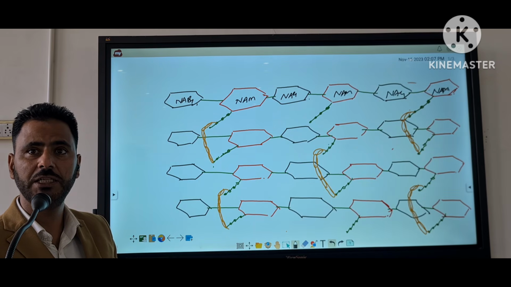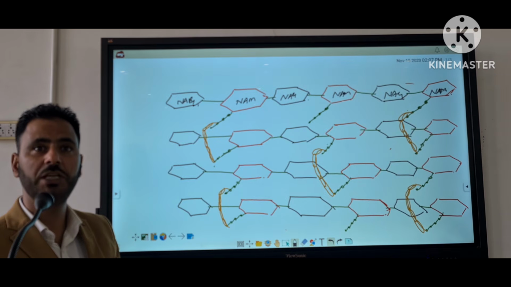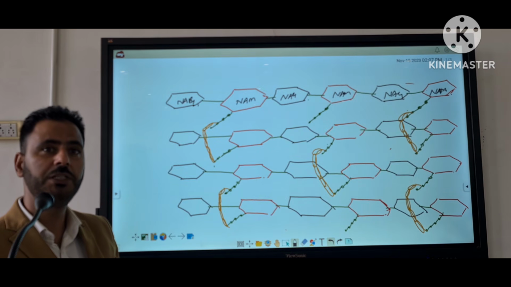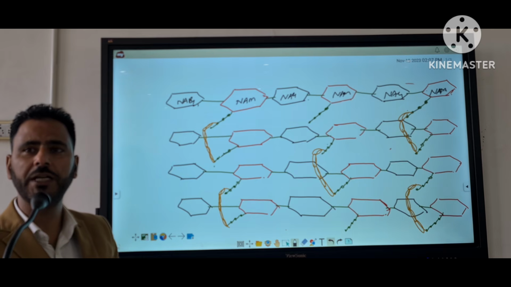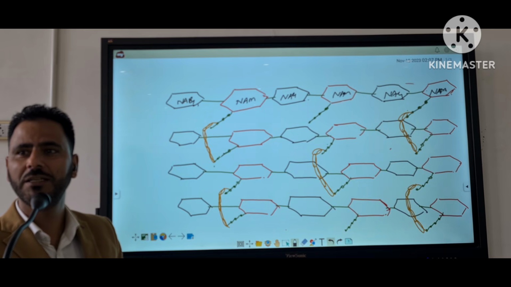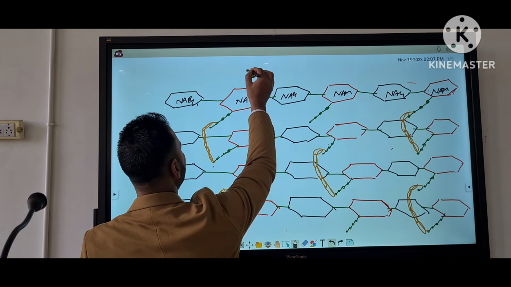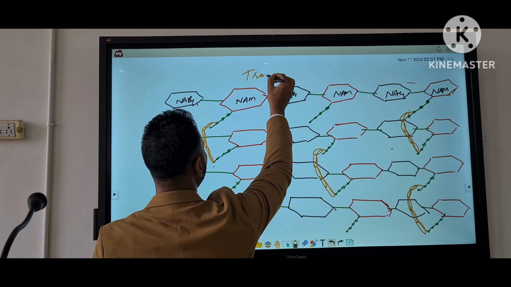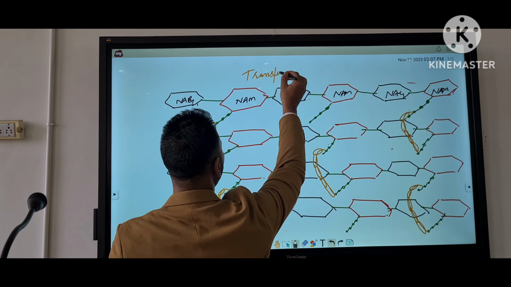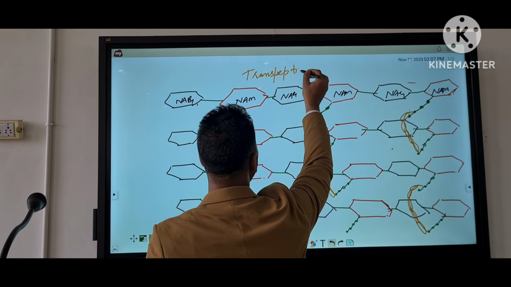This pentaglycine interbridge makes the peptidoglycan a stable entity, for which we require one important enzyme known as, can anybody say? Transpeptidase. The enzyme required for the formation of the pentaglycine interbridge is known as transpeptidase.